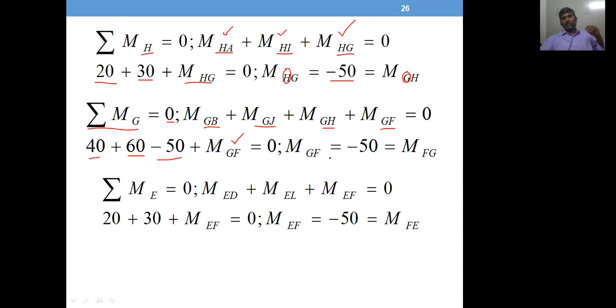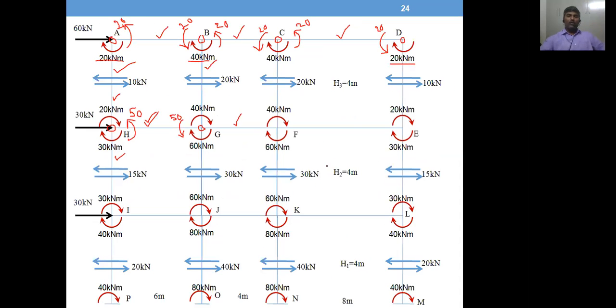When it goes to the right hand side, minus 50. So location G in member GF, bending moment is minus 50. So even at F it is same, right? So that's how it is. So GF, location G or location F, both are 50.